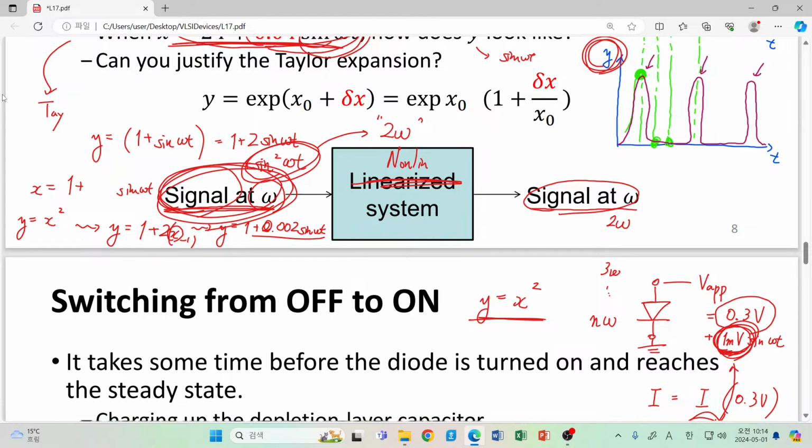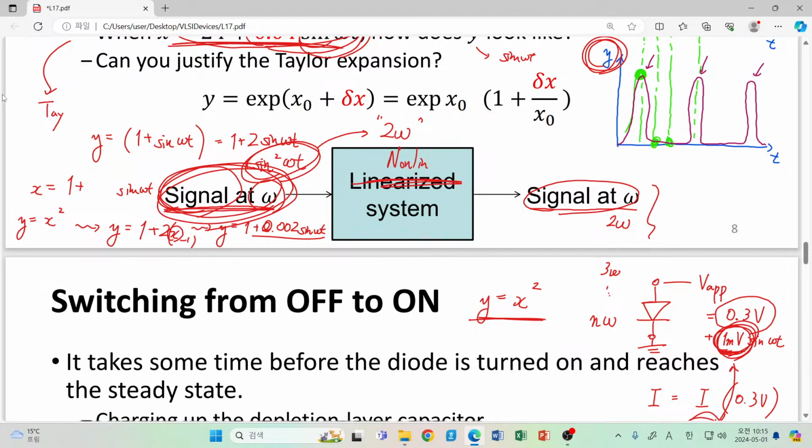That is the point. So a general nonlinear system can generate a lot of frequency components corresponding to multiples of the fundamental frequency omega. They are called harmonics.